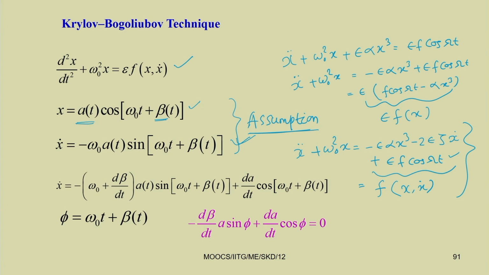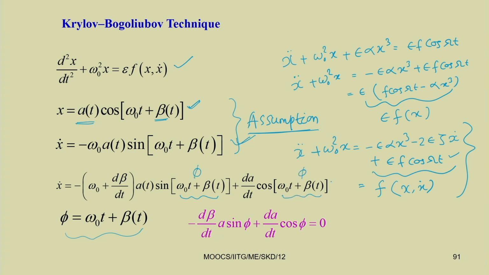Then differentiating this x, one can write x dot equal to minus omega 0 plus d beta by dt, a t sin omega 0 t plus beta t, plus dA by dt cos omega 0 t plus beta t. We can substitute phi equal to omega 0 t plus beta t, so this is sin phi and this becomes cos phi.